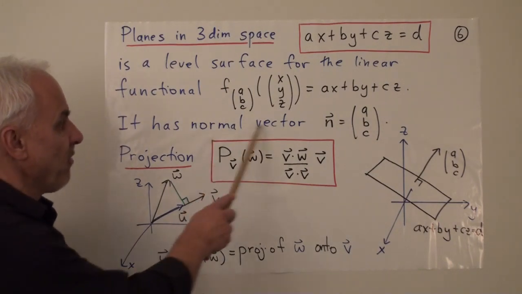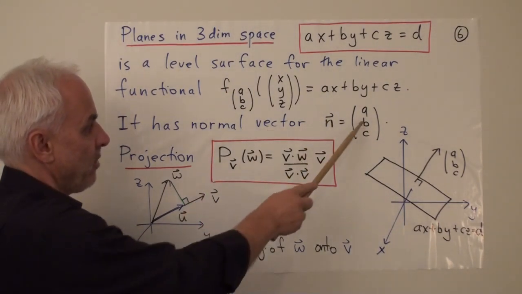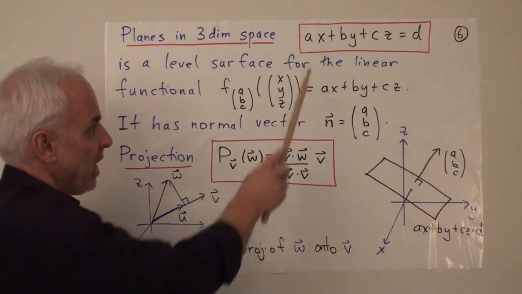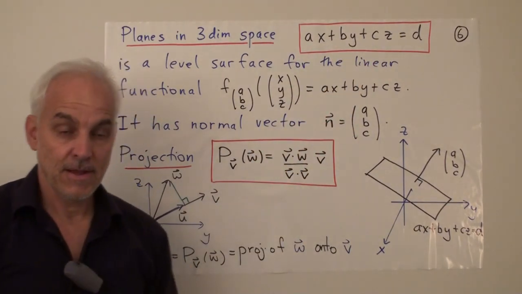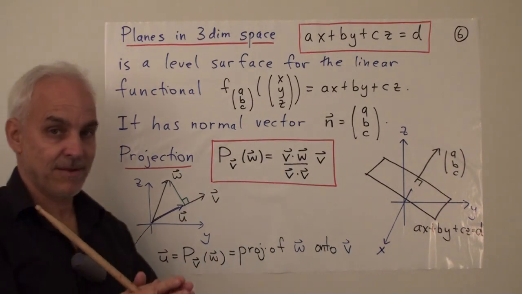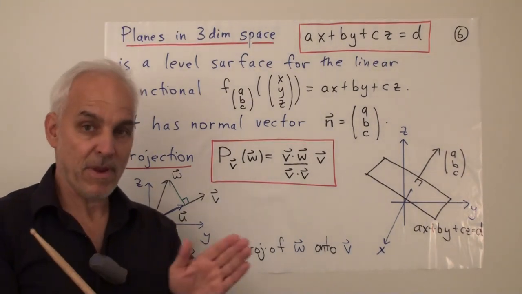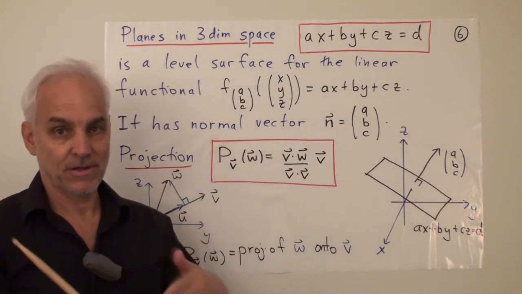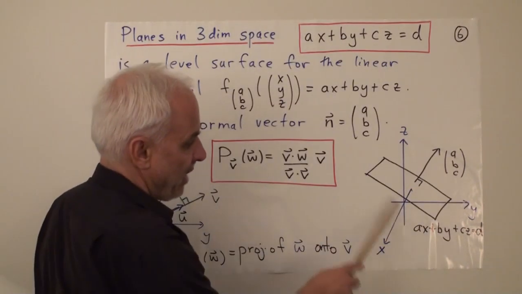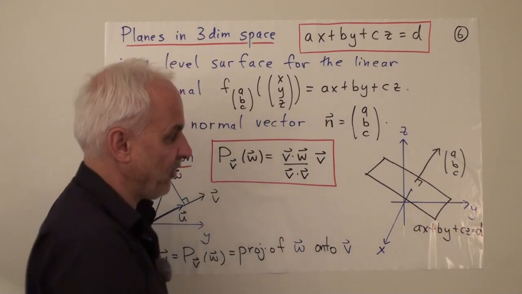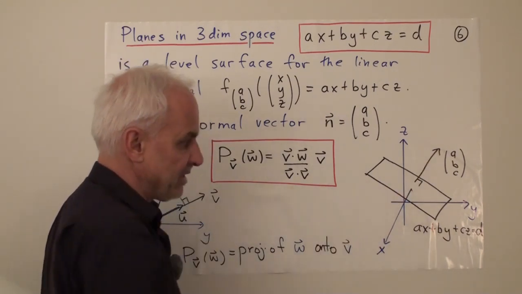And so it has normal vector n, which is (a, b, c). In other words, the coefficients of x, y, and z now have very specific significance. They are forming the normal vector to the plane. There's the plane, ax plus by plus cz equals d. There's the vector (a, b, c).